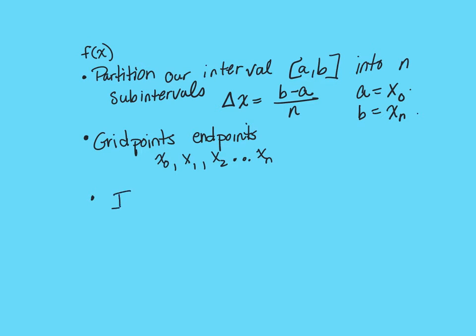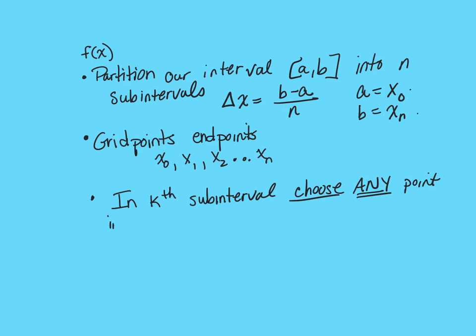Then, in each subinterval, in the kth subinterval, we're going to choose any point in the interval, and I can explain this in a little bit, and we're going to call that x sub k star, and then we're going to build a rectangle.